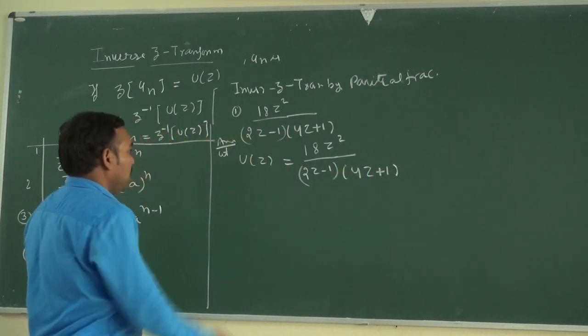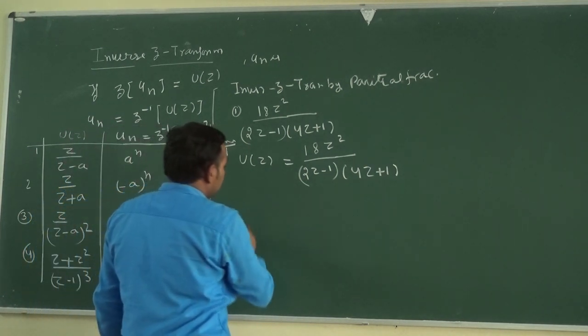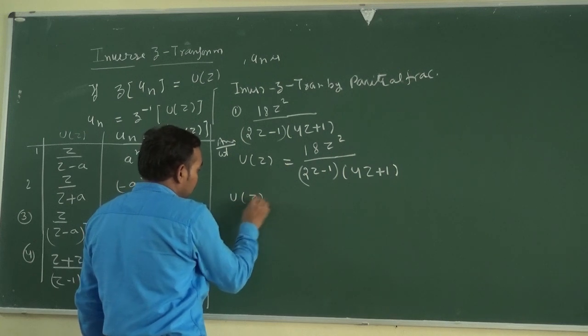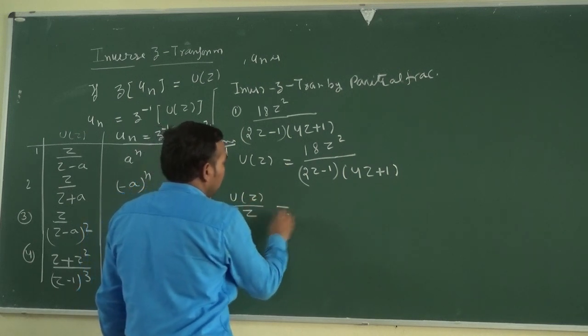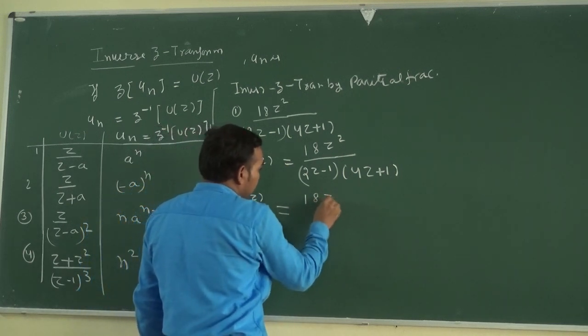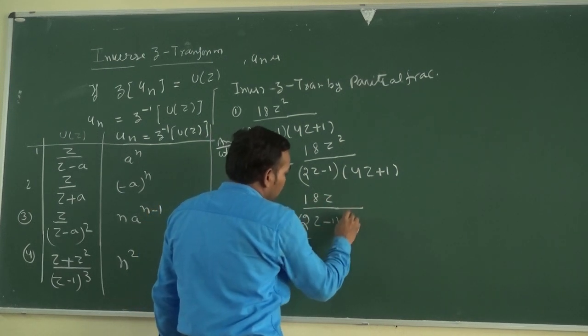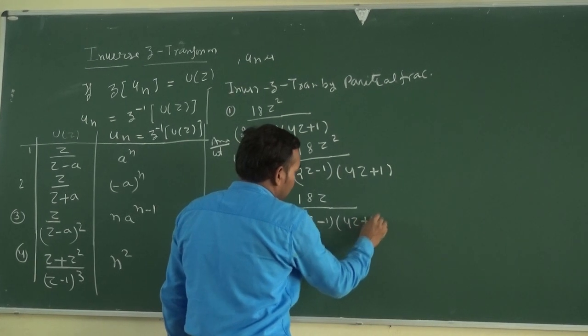In partial fraction, first of all write it this way: U(z) upon z, that is 18z upon (2z minus 1)(4z plus 1).